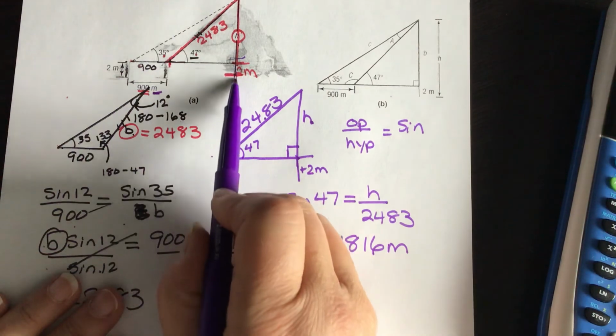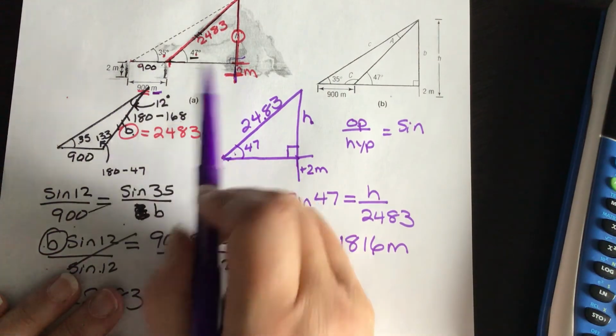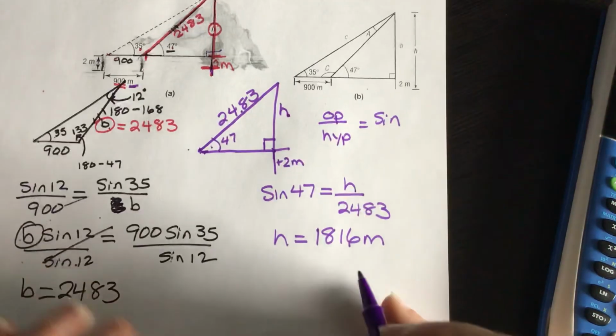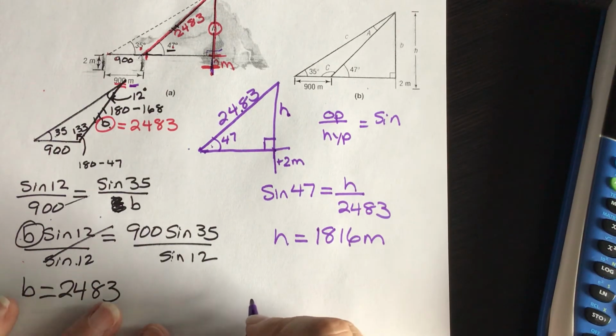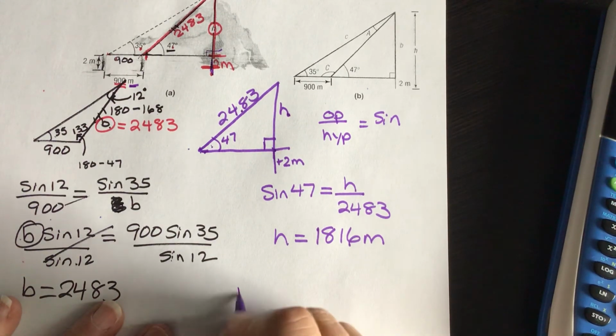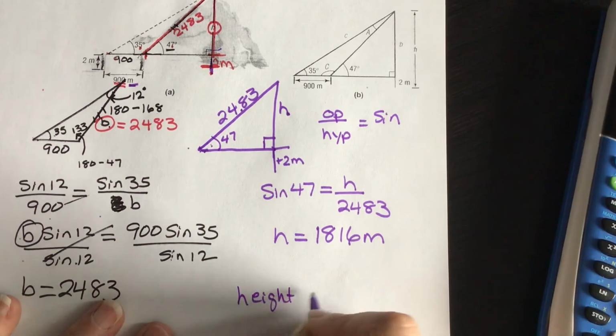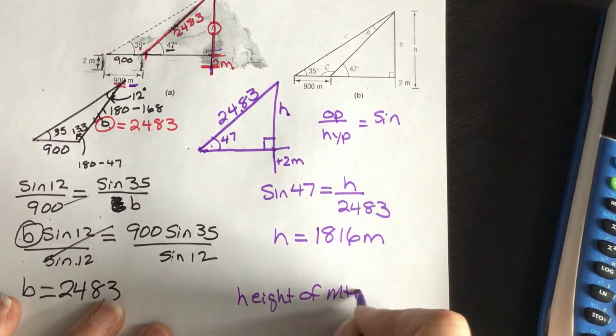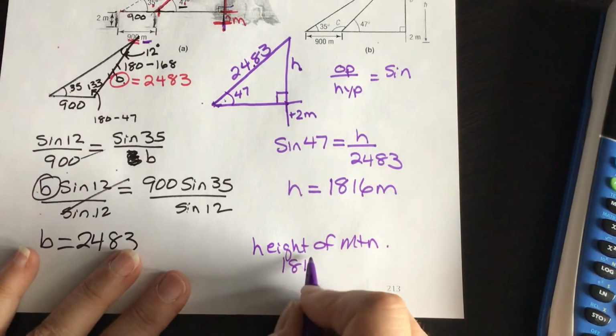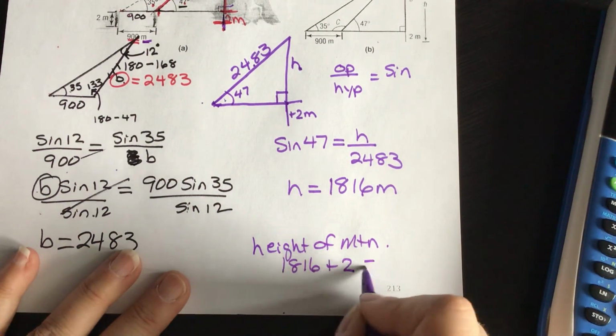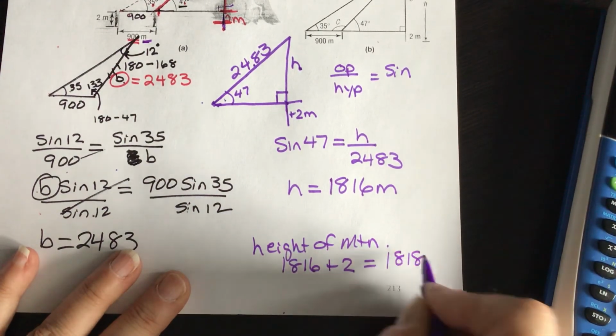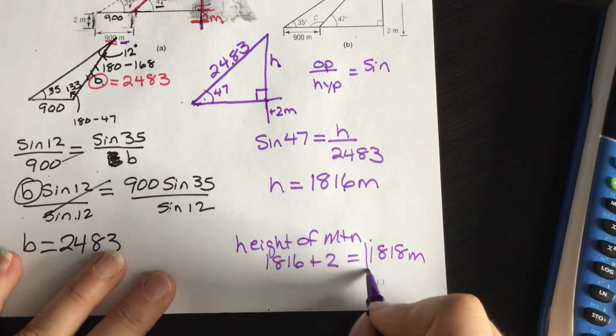But I have to add this 2 meters high that we're taking that measure. So the whole height of the mountain is 1816 plus 2, which is 1818 meters.